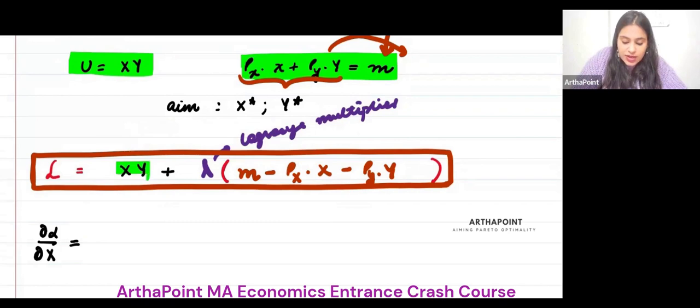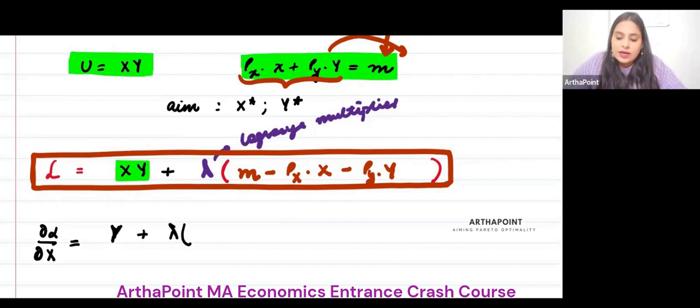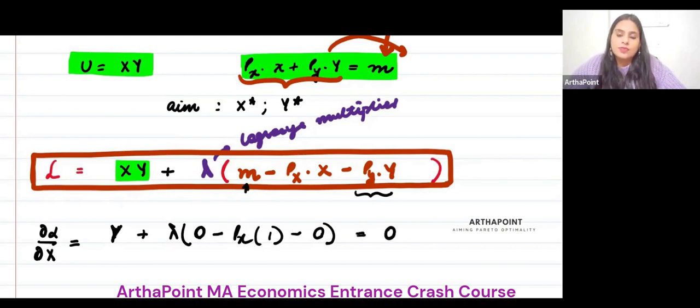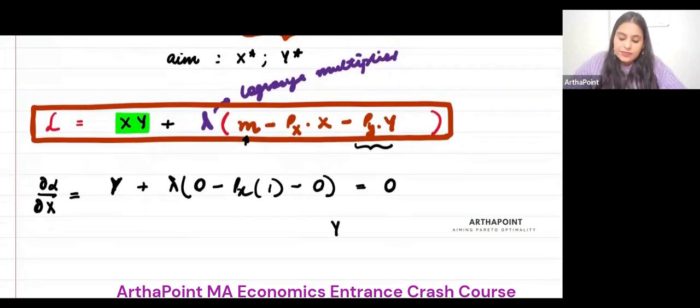So here in XY, Y is a constant, so you will get the answer as Y. Differentiation of X is 1, plus lambda. Here there is no X, so its differentiation is 0. Here differentiation of X will become 1. Here there is no X, so its differentiation is 0. And you will equate this to 0. So you will get Y is equal to lambda into Px.